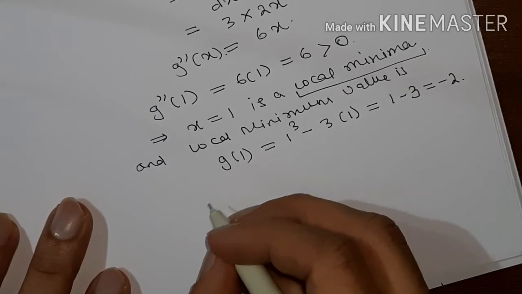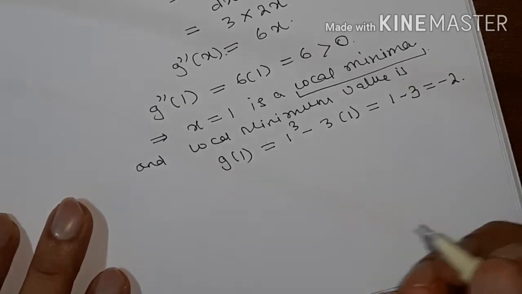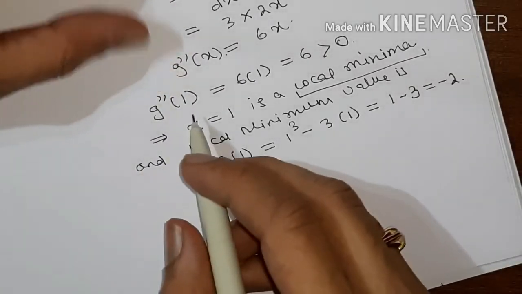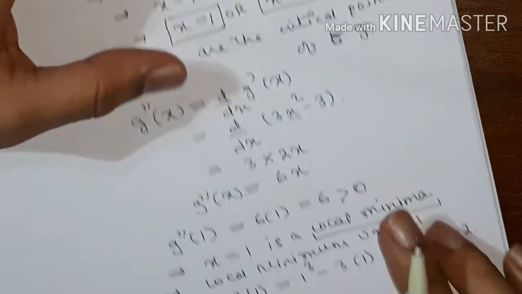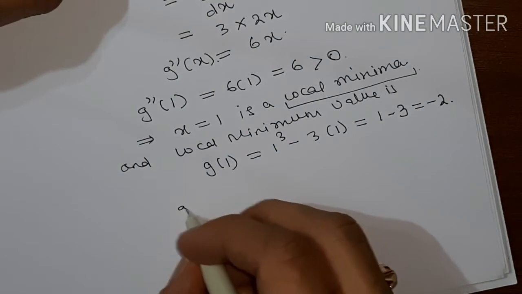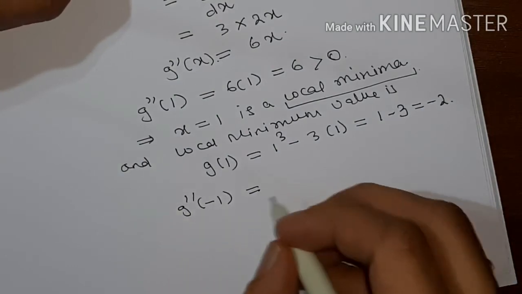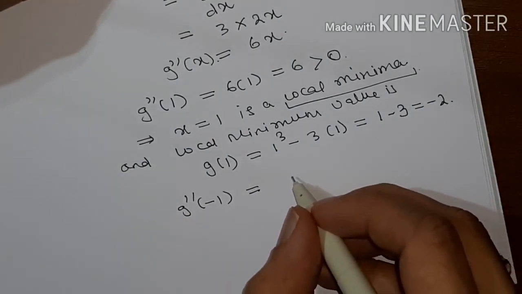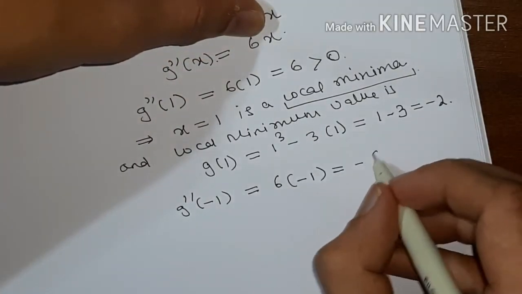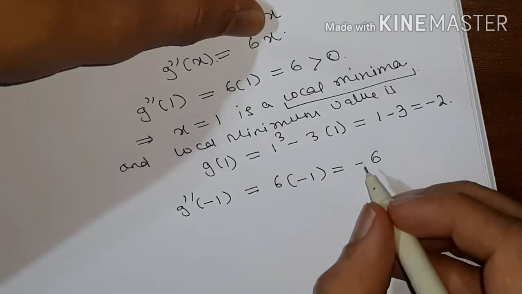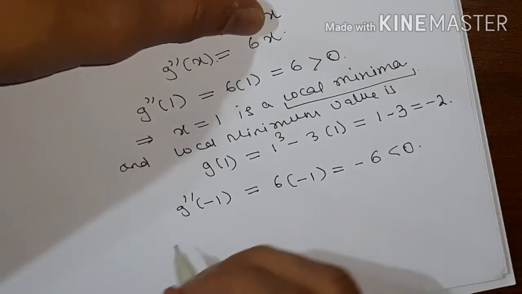Now similarly we have to find the g double prime at x equal to the second critical point, that is minus 1. So g double prime of minus 1 is 6 multiplied by minus 1, that is equal to minus 6, which is less than 0.